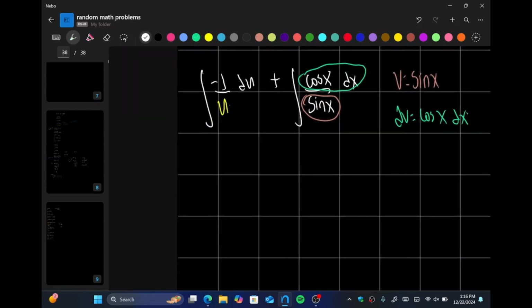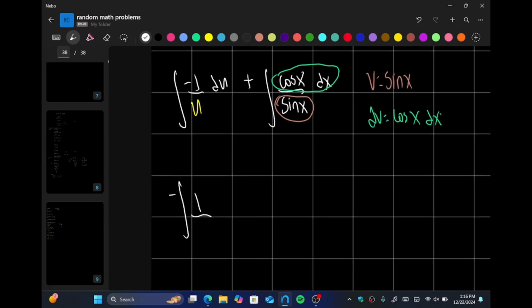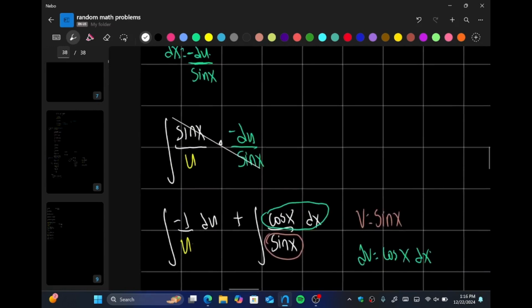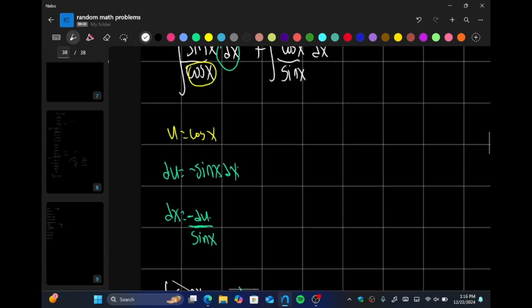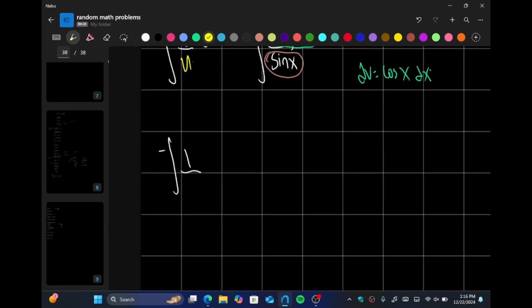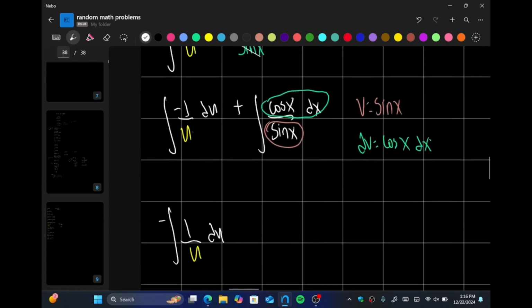So it's going to be negative 1 over u du, and then plus the integral of dv over v.